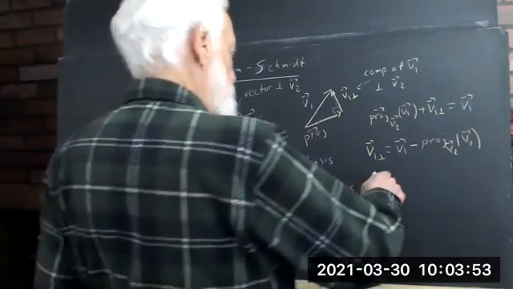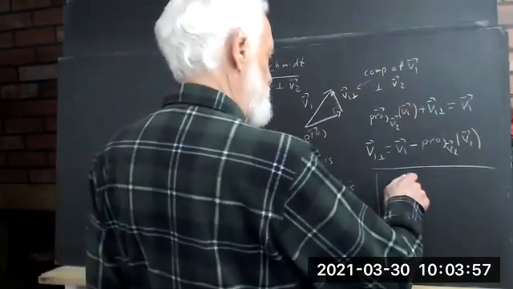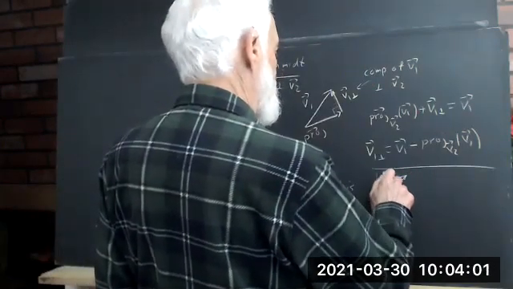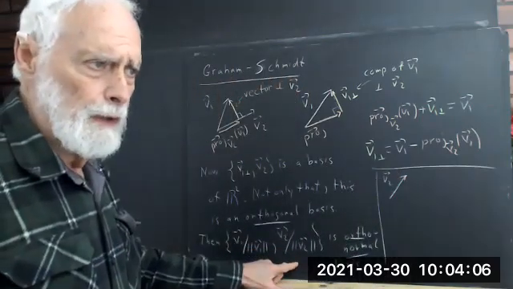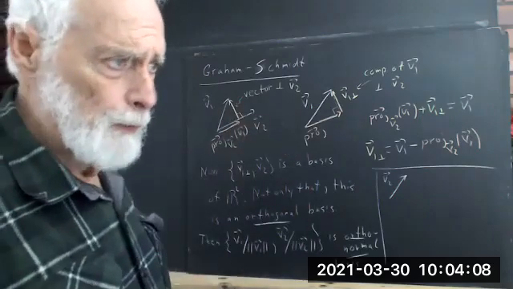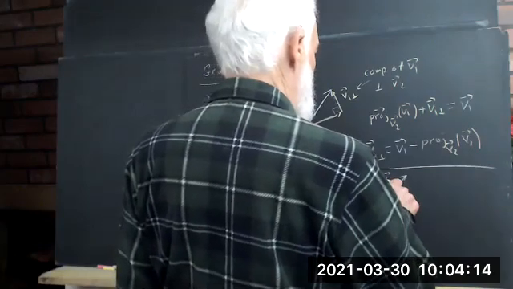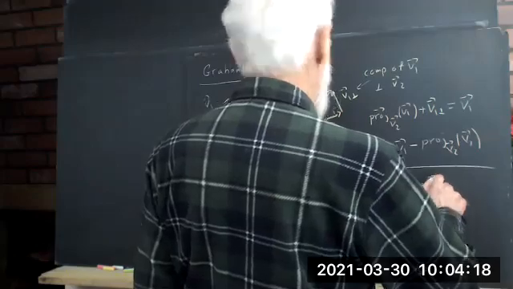So what we would want to do is, and I'm just going to picture it, this makes the calculation a little simpler. And you know we're going to have to normalize V2 anyhow, divide it by its magnitude, make it into a unit vector. So we've got V1, that's V1, and V2.